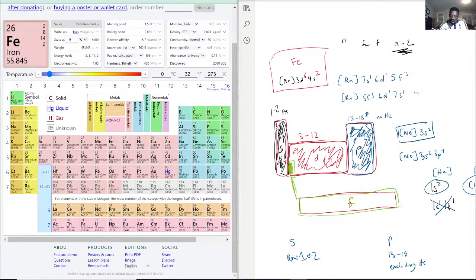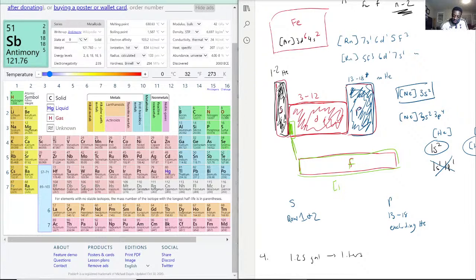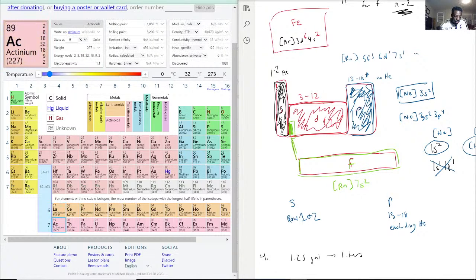So if you want to pick uranium again, let's do that fun one again. That'll be Rn starting, and then it will be 7s2, not 7s1. Rn 7s2, and then we have 6d1, because you still have to start at actinium, and then you have 1, 2, 3, F3.